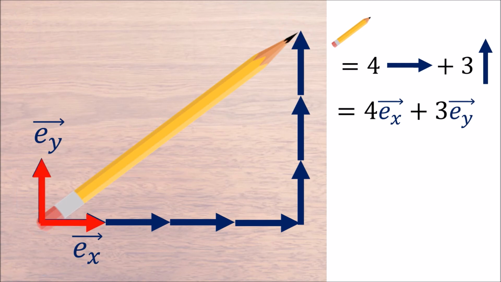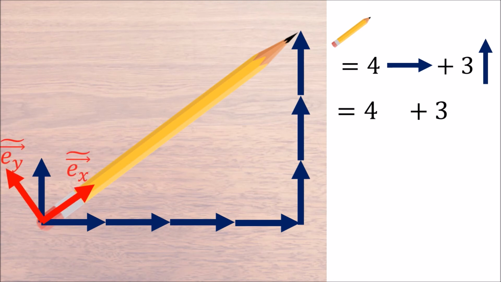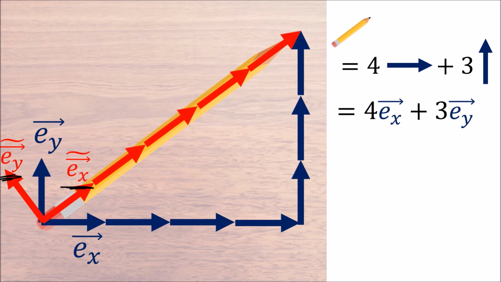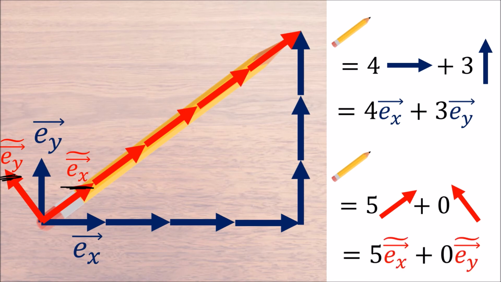But we can also measure this pencil using a different pair of basis vectors. For example, a pair of basis vectors that's rotated by some angle. Vectors Ex tilde and Ey tilde. And using these basis vectors to describe the pencil, we find that the pencil is equal to 5 Ex tilde basis vectors and 0 Ey tilde basis vectors. Now, there's a really important idea going on here.